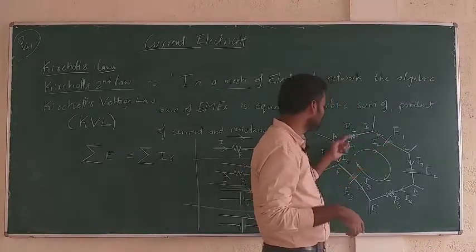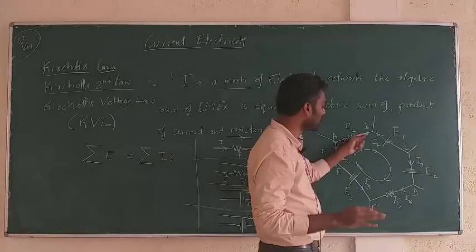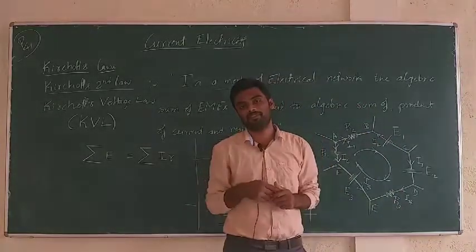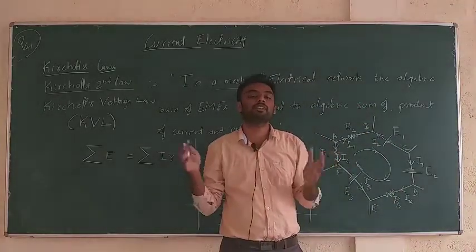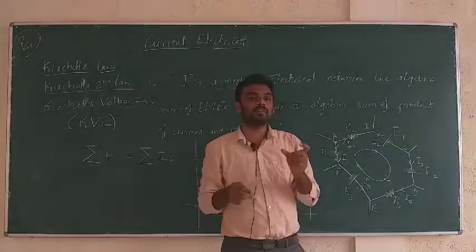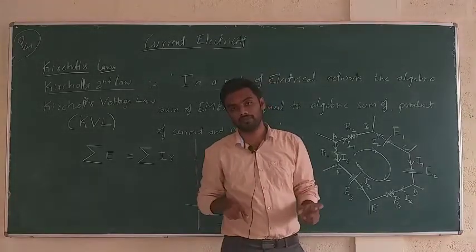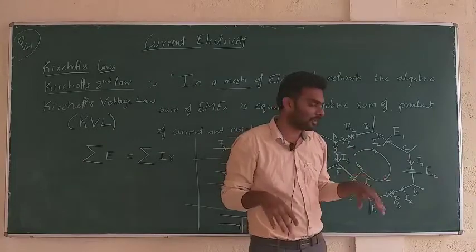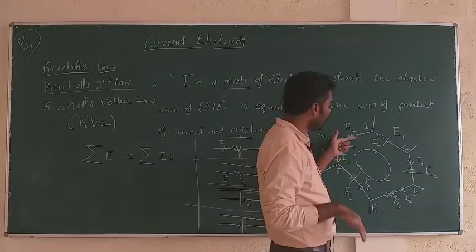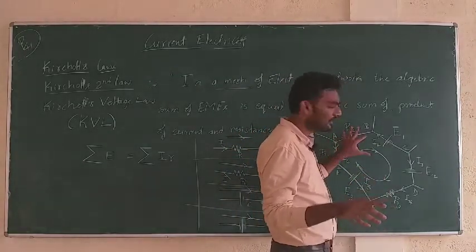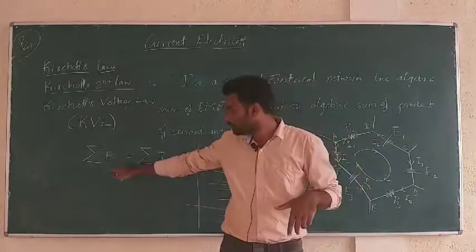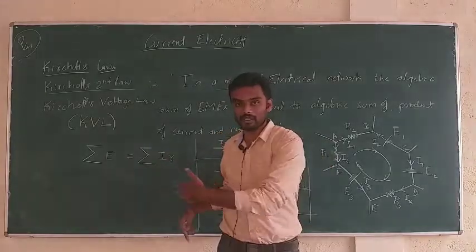I see a resistor here, no cell, I neglect it and move forward because I am searching for EMFs, particularly for cells, because cells are the sources of EMF. Resistors are not sources of EMF. I neglect the resistor because it belongs to the RHS of the equation, and now I am bothered about the LHS.